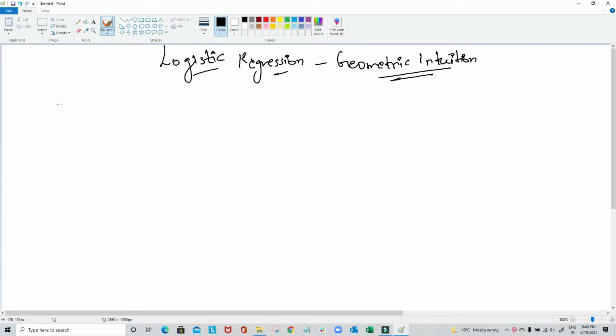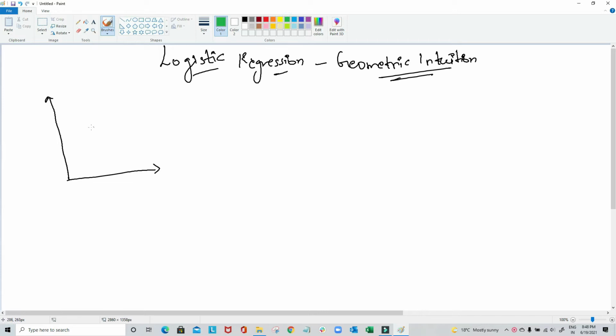Hello everyone. Today we'll be discussing logistic regression and how we can interpret it geometrically. So let's consider the distribution of data to be like this.